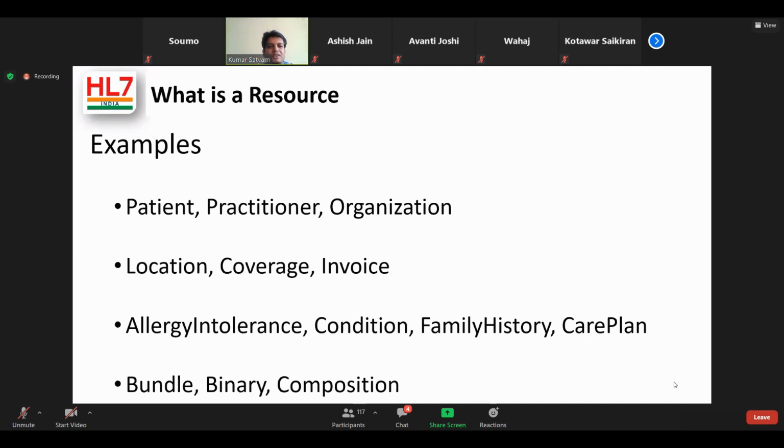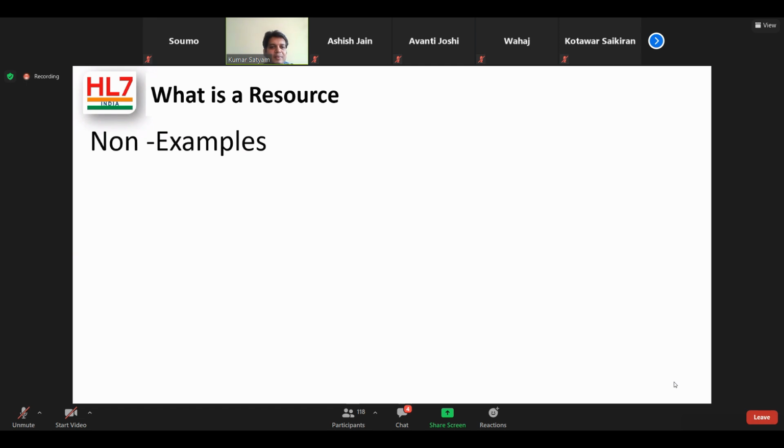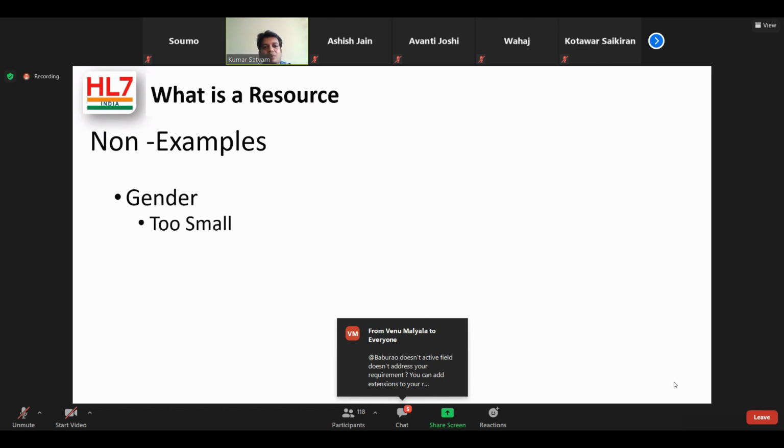Bundles, binary, and compositions are also resources. Now if we go to non-examples, for example, gender, right? Gender is actually in healthcare a very important thing. We need to know the gender of a patient, right? But does it qualify as a resource? No. Why? Because it's too small. It just conveys gender, but gender of whom?